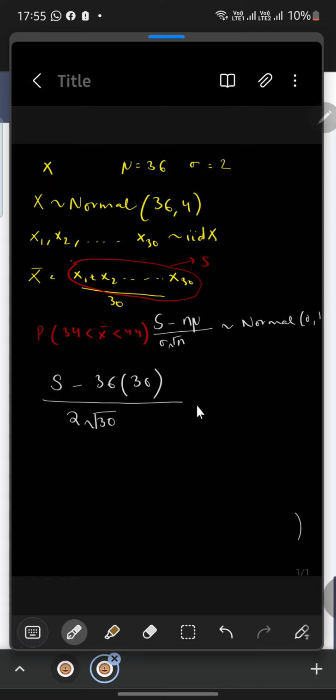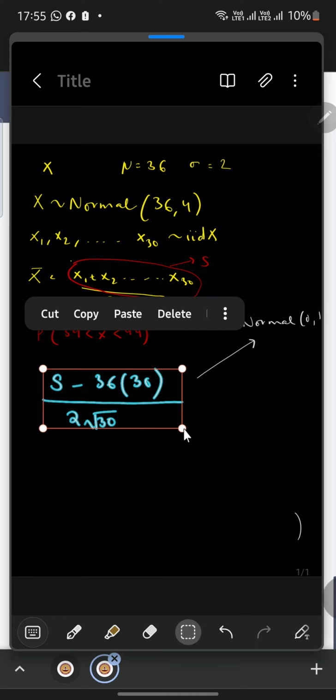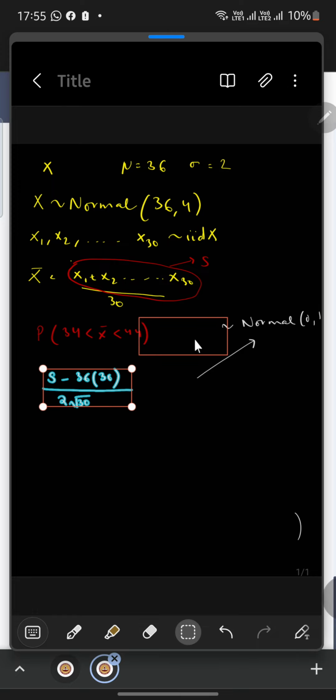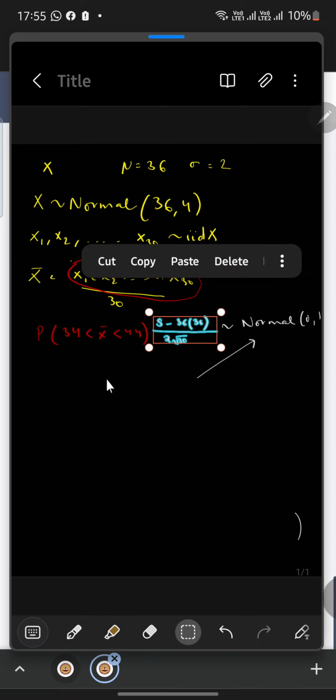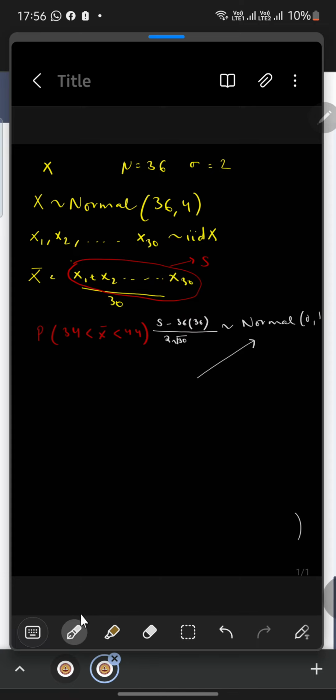So this would be the normal 0 1. Now to find this, let me just rewrite this part.